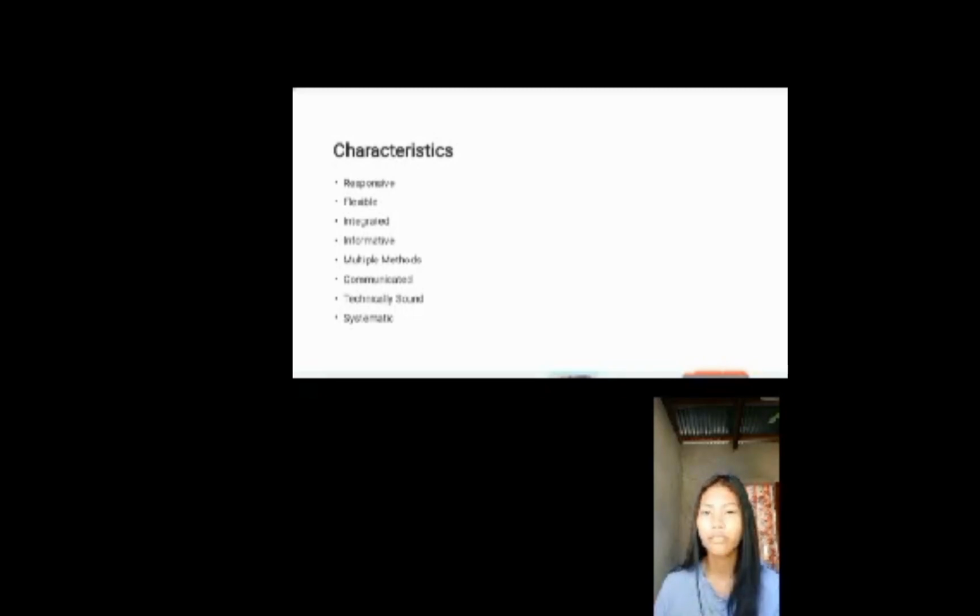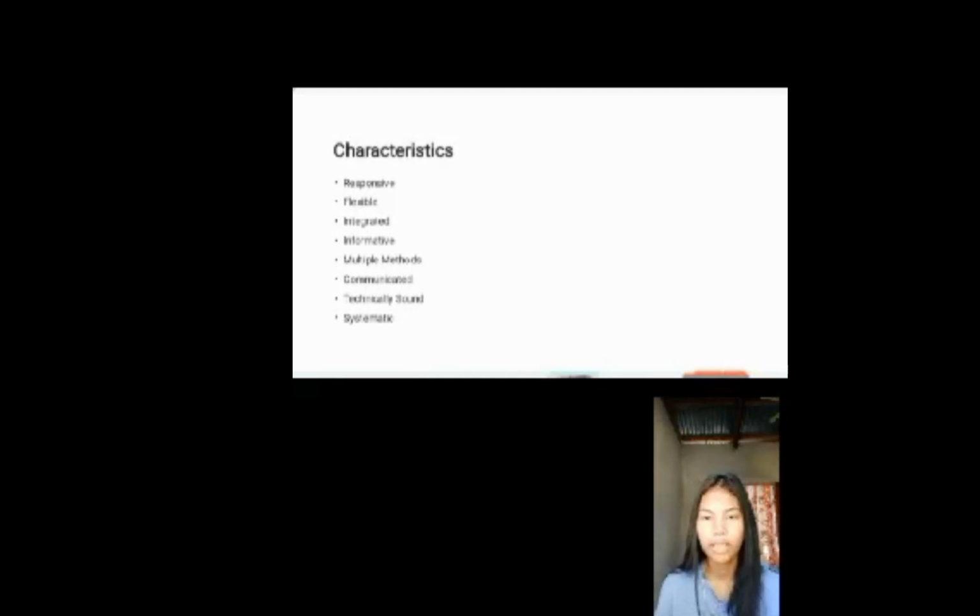First is responsive. Visible performance-based work generates data that inform curriculum and instruction. It is an approach to academic assessment that shifts the focus away from routine application of standardized assessment measures and toward understanding the immediate educational needs of learners.